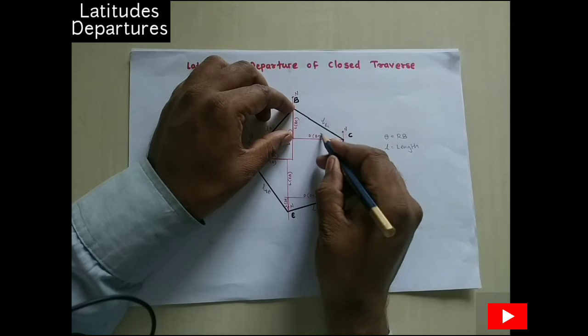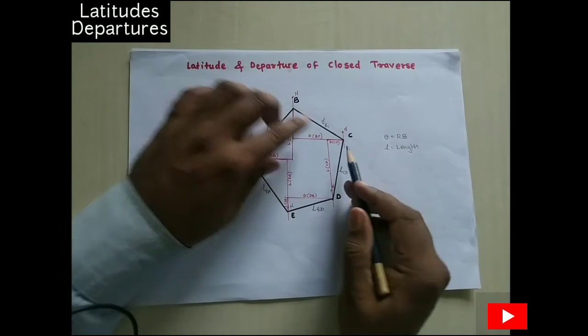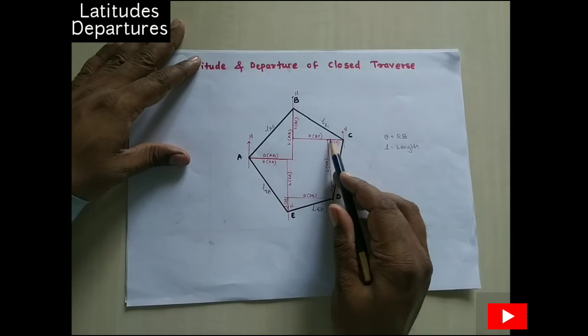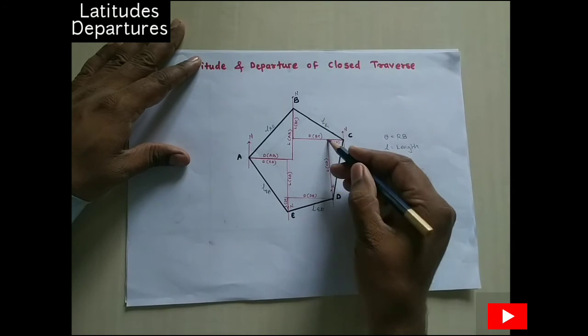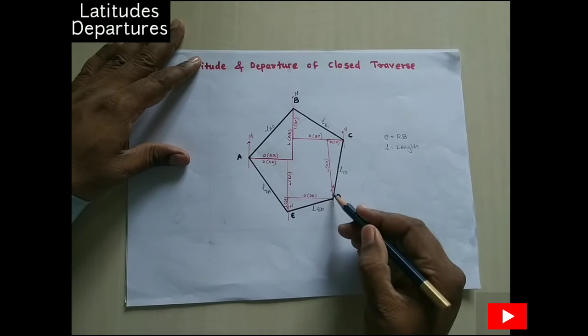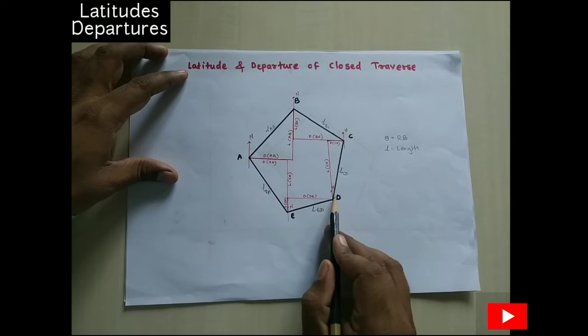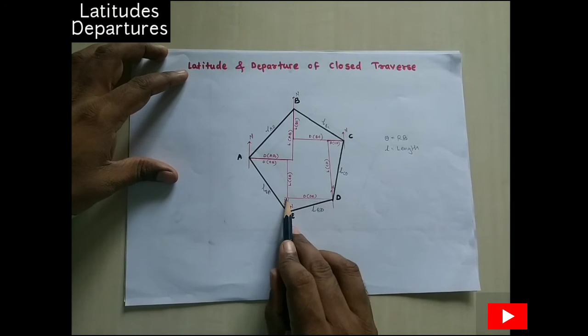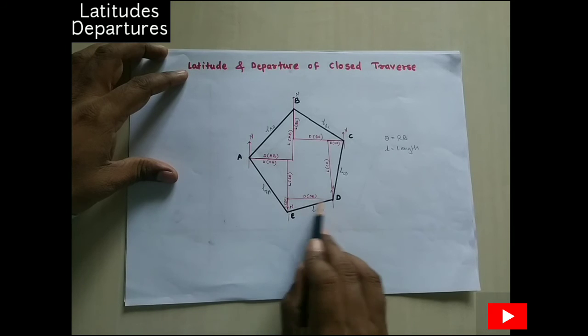Similarly, if I consider CD, the departure of CD is only part of this line, and the latitude becomes the vertical line, the total of this dimension. For DE, latitude is vertical, only this term, and this is departure.